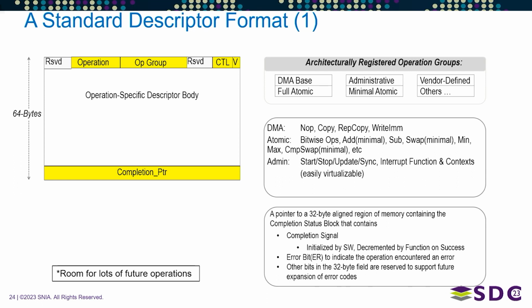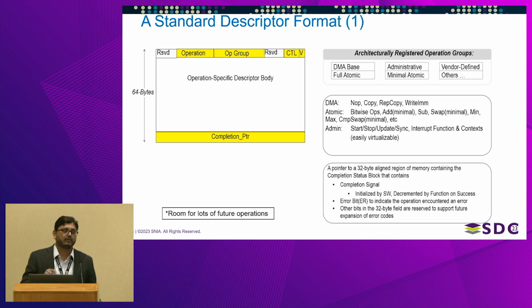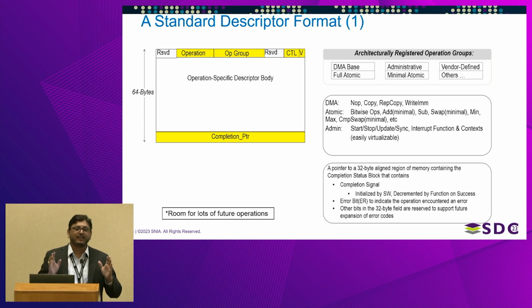One of the bits is a sequential bit, which means that if a previous descriptor operation has a write associated with it, you want the writes with this descriptor to follow the writes from the previous descriptor or within the same descriptor itself. So that kind of ordering is followed between descriptors. There is also a bit for fencing, which says that all operations prior to this descriptor have to be completed before this descriptor's operation happens.